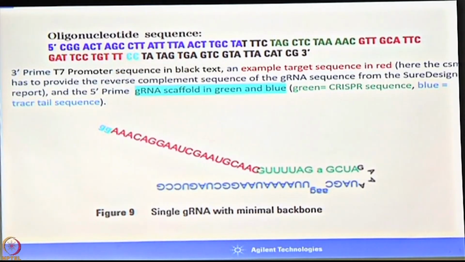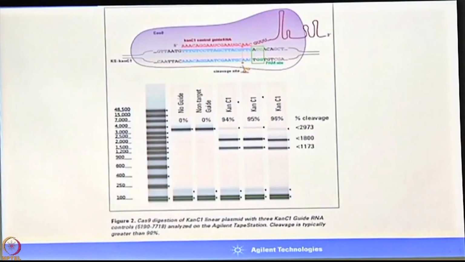This red part is very specific to the part you're interested in, and this is the backbone, the minimum backbone. When this binds on the target gene, in the presence of Cas9 enzyme, this gene is cleaved in two parts. In the presence of Cas9, this gene is cleaved, right?